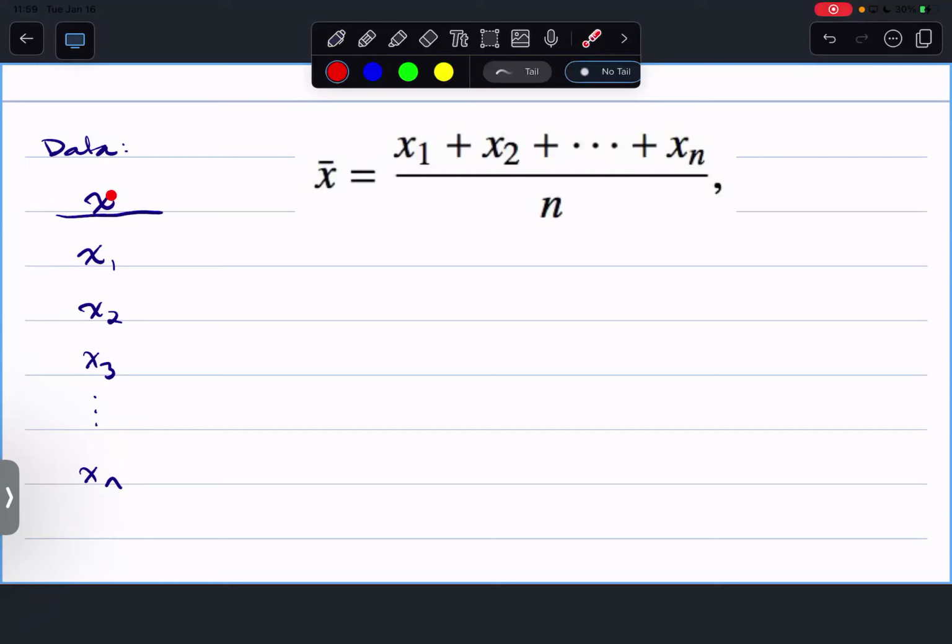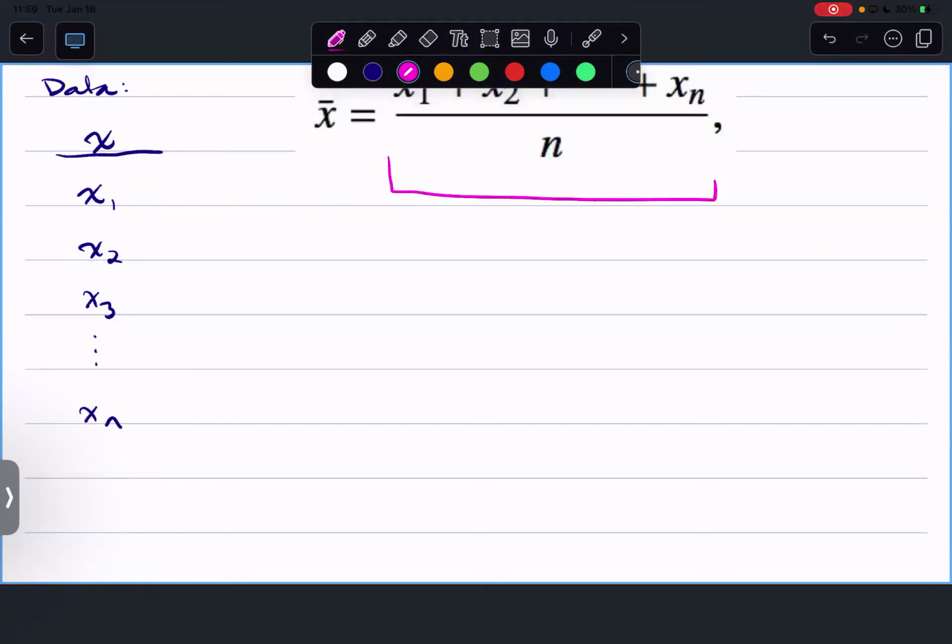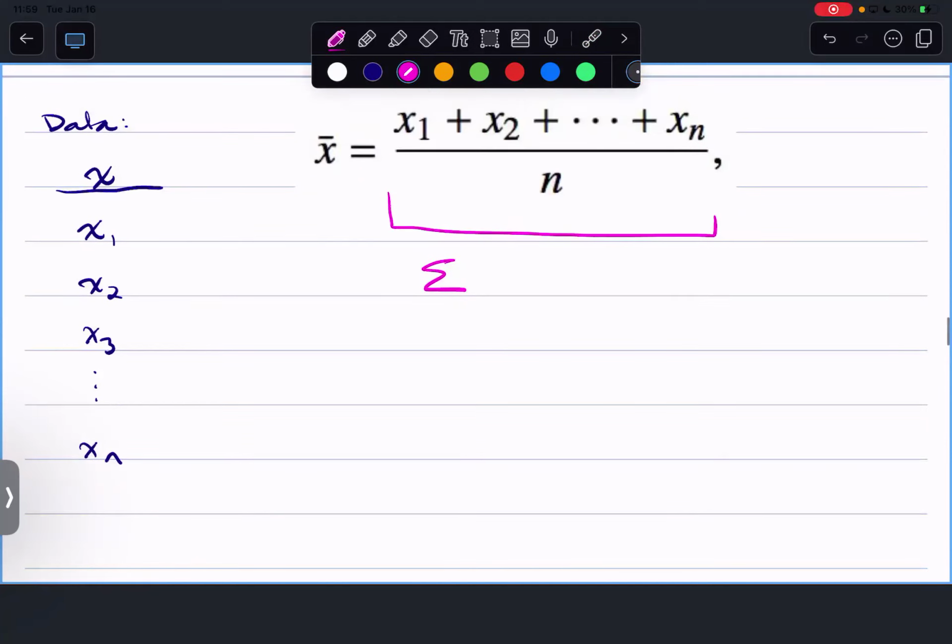If I asked you to find the average of X, you would add all these up and divide by n because there are n things, right? And that's what this is saying. Now, what we could do is rewrite this as the sum. This is a capital sigma, and it's read as the sum, from i equals 1 to n. When I read summation notation, I just ignore those.